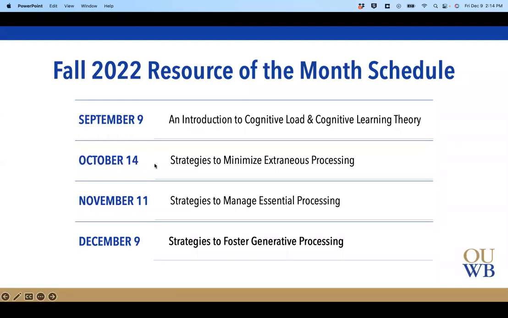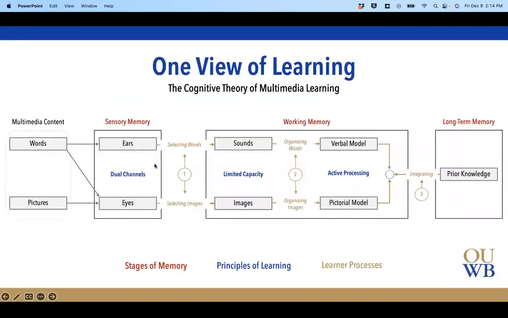And essential processing was more this idea of if your content in and of itself is so complex that it sort of expands beyond the zone of proximal development that exists for your students, it doesn't even matter if you don't have extraneous content in your presentation.